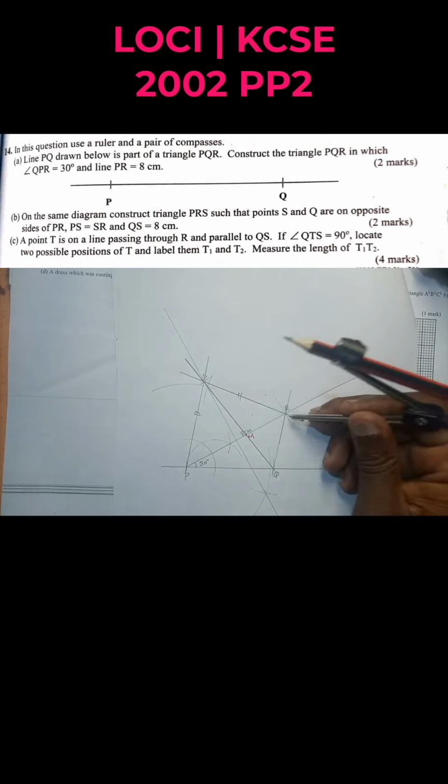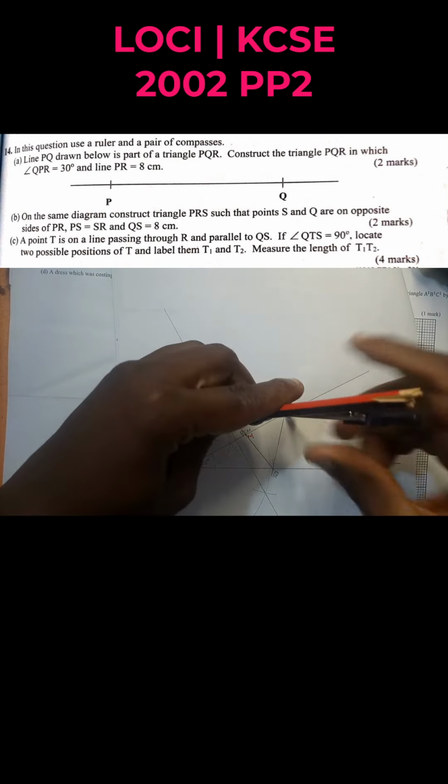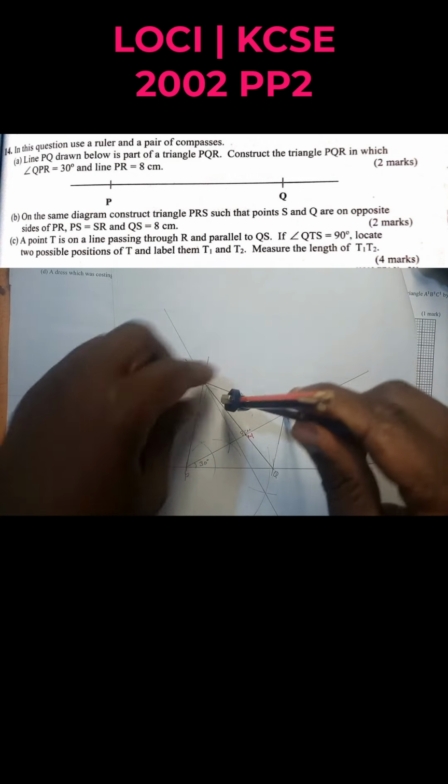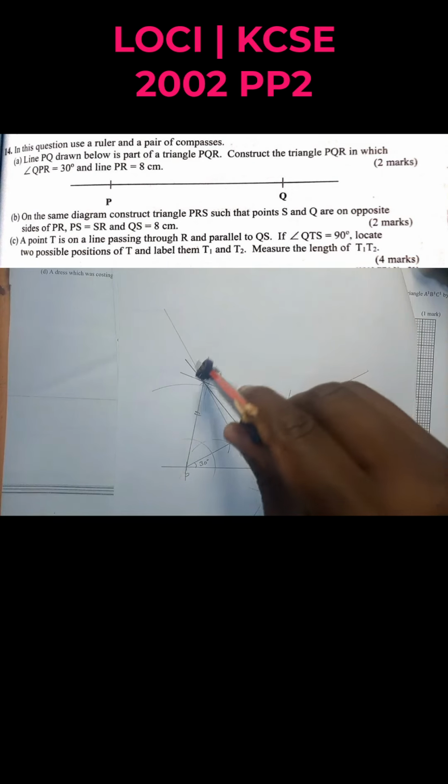You know very well that if you have two parallel lines, the perpendicular distance between them should be constant. So I want to get this distance, and to get that perpendicular distance, I'll simply stand here and drop a perpendicular to QS. You simply mark an arc there.